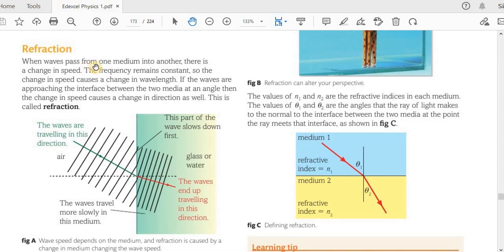When waves pass from one medium into another, there is a change in speed. The frequency remains constant. Now keep this in mind. When it goes from one medium to another medium, it can be water waves, it can be light waves, the frequency remains constant. We have the equation V equals F lambda.